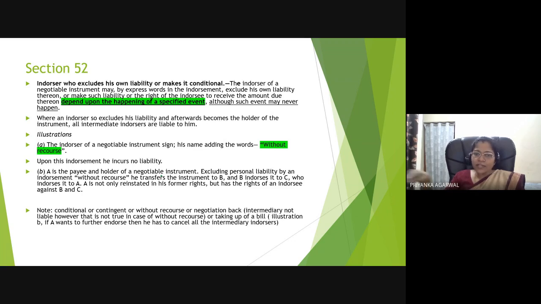But in the further endorsements, they have not chosen this right. So A now has the right, if from whomever he has received that instrument has not made the payment, he can take action against B and C.